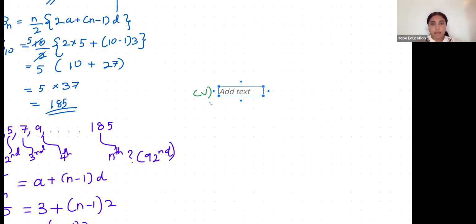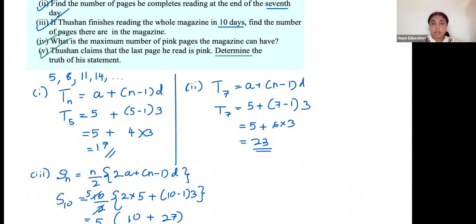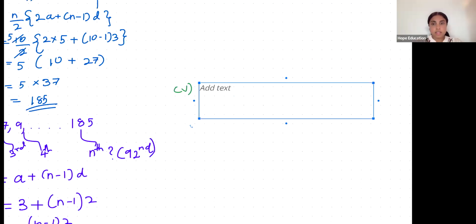As proven above, 185, which is the last page, is the 92nd pink page. Therefore, his statement is true. Okay, is that clear?